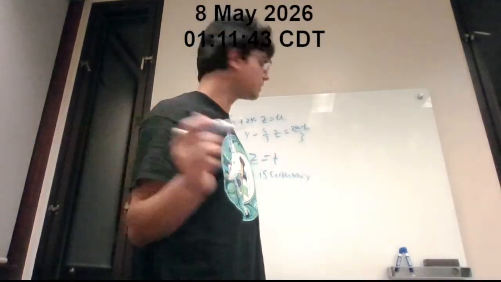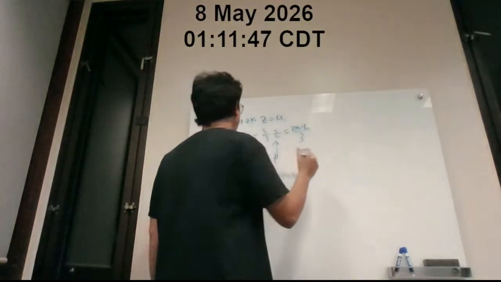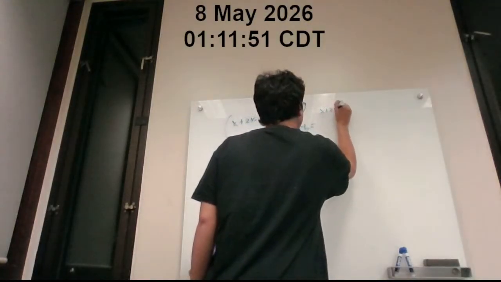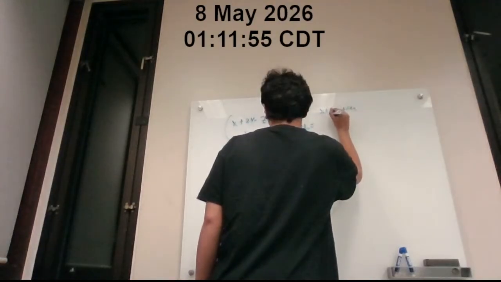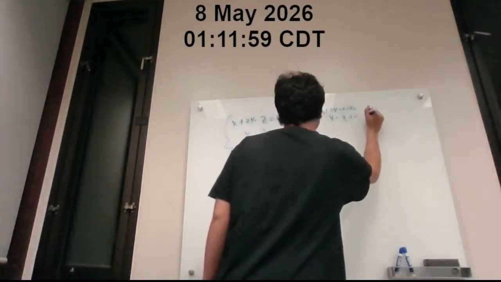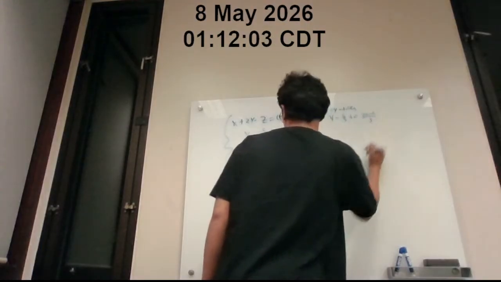So if we say that z is this, we can plug z equals t in. So we can get, am I doing this right? Maybe not.